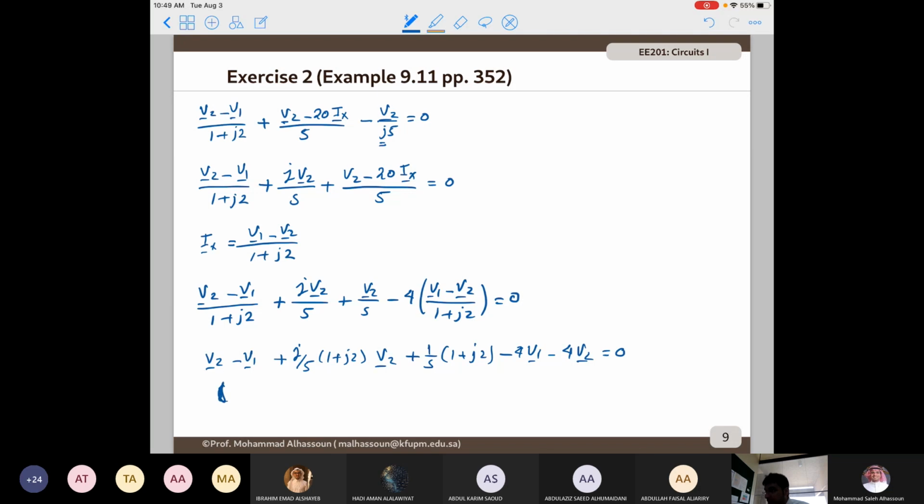If I group the V1 terms, it's going to be minus 1 minus 4 V1. The V2 terms are going to be (1 plus J) divided by 5 minus 2 over 5 plus 1 over 5 plus J2 over 5 plus 4, equals 0. If I simplify it, your calculator will add these complex numbers.